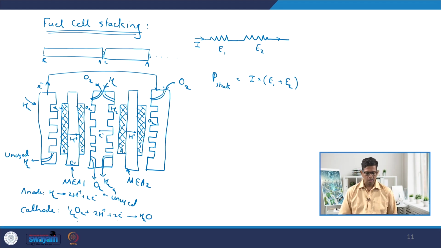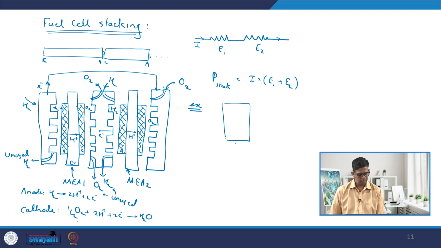Let me give this an example. If we have an electrode of 300 centimeter square, we can expect a current of around 300 amperes or even more.